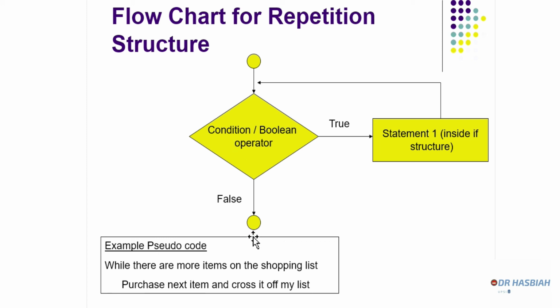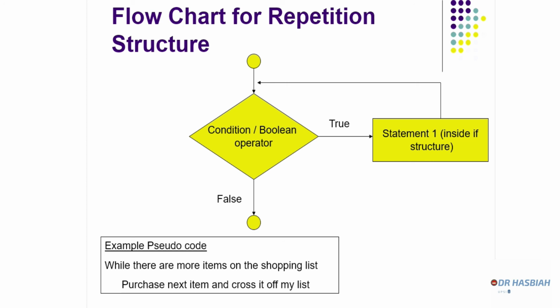Until then you don't stop. Is the hair clean? True or not true? It's not true, so you perform again. And when the hair is clean, then you stop. That is the example of repetition.